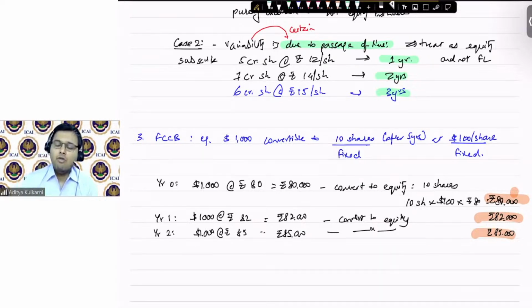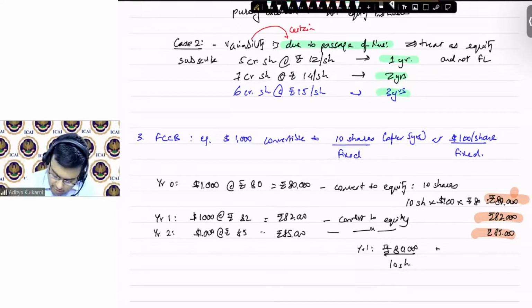Sir, how do you know variable price? 80,000 divided by 10 shares is 8,000. In the second year, 82,000 divided by 10 shares, 8,200. In the third year, 85,000 divided by 10 shares. So year 1, it is going to be rupees 80,000 divided by 10 shares.